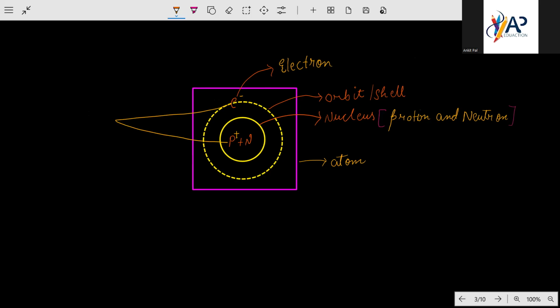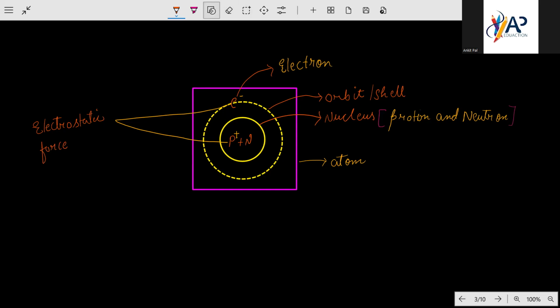They are opposite charges, right? Which force? This force is called the electrostatic force.